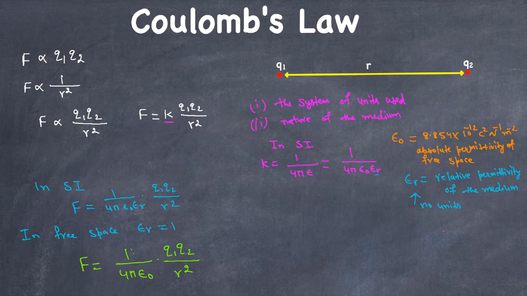And the value of this constant, 1 over 4 pi epsilon naught, is equal to 9 times 10 raised to power 9 Newton meter square per Coulomb square.